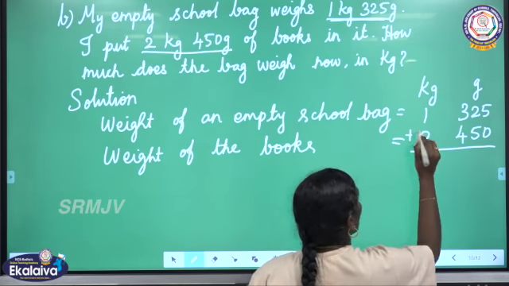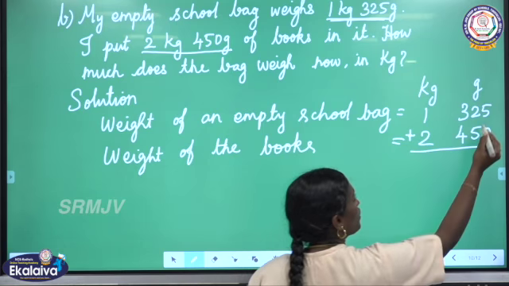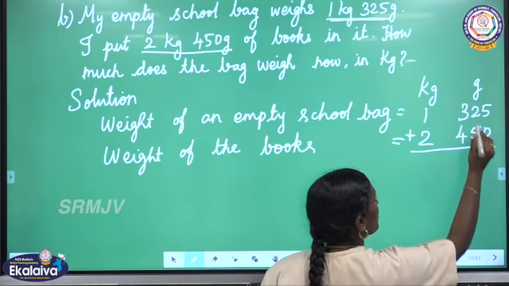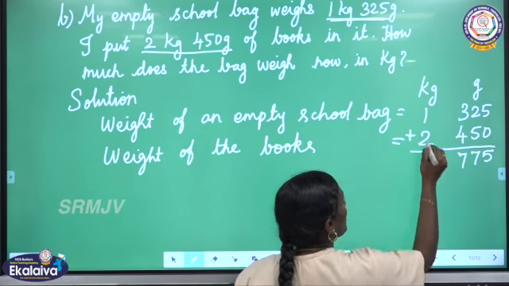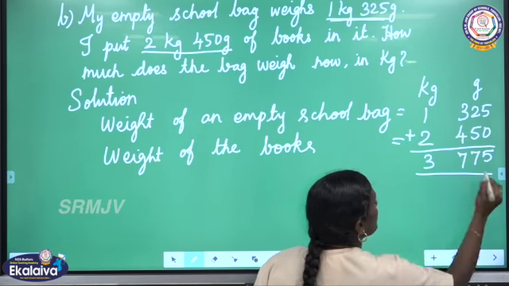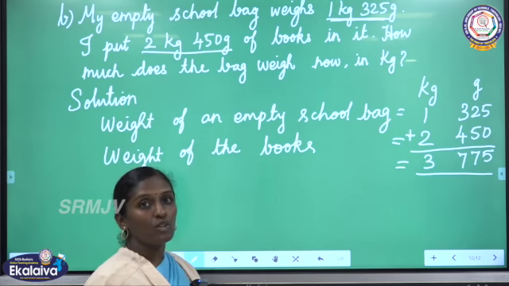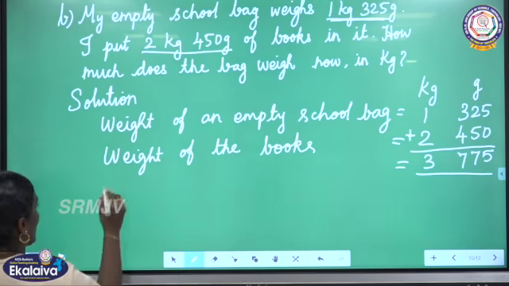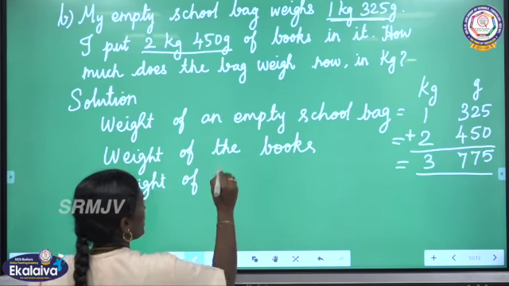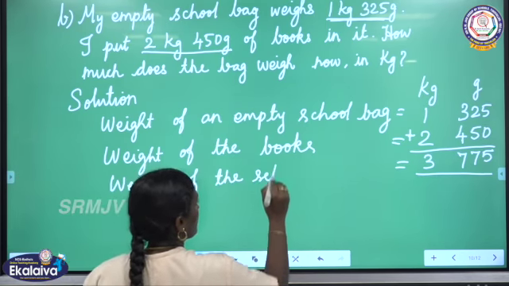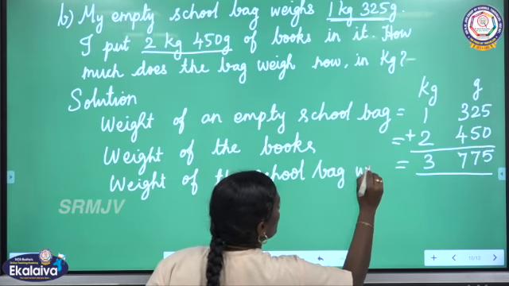Now we have to find the weight of the school bag with books. For that, we have to add: 5 plus 0, 5; 2 plus 5, 7; 3 plus 4, 7; here 1 plus 2, 3. So this is the weight of the school bag with books. That is 3 kilogram and 775 gram. Weight of the school bag with books.